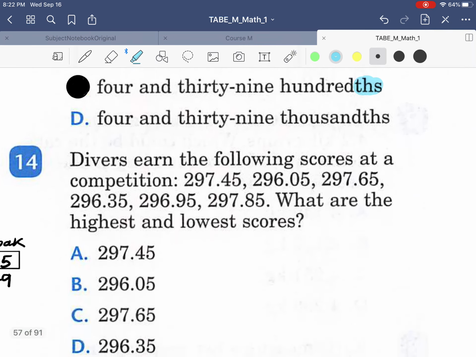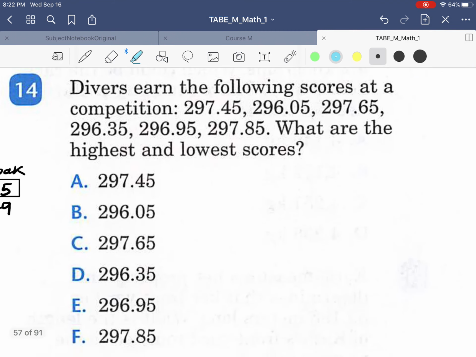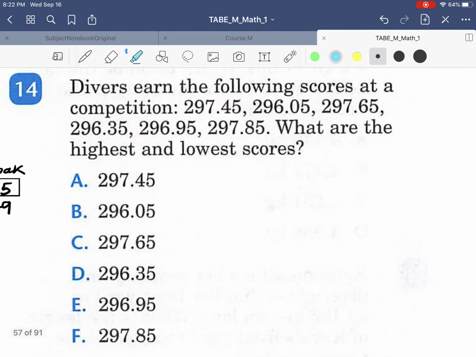Number 14. Divers earn the following scores at a competition. What are the highest and lowest scores? So I need to put these in order, and unfortunately there are a lot of them, so be careful.